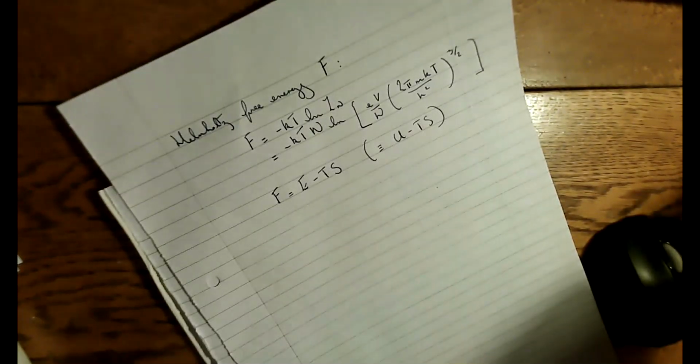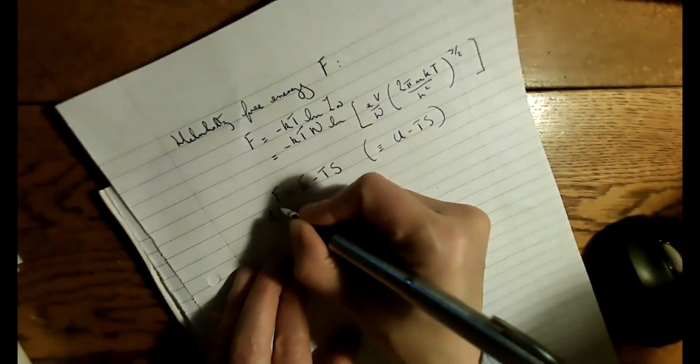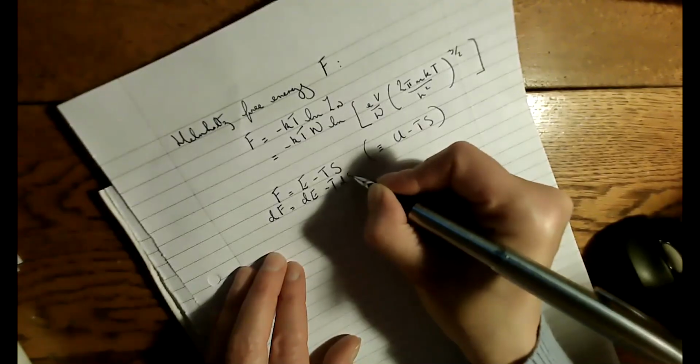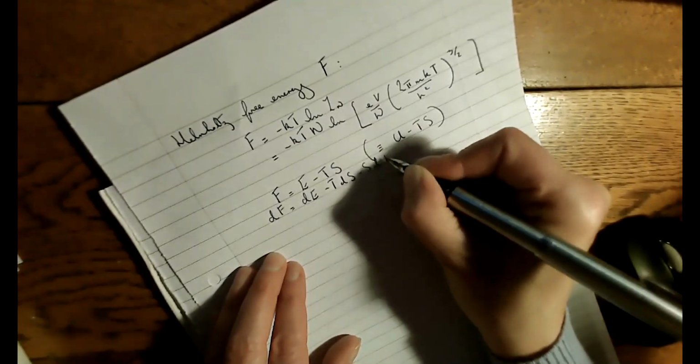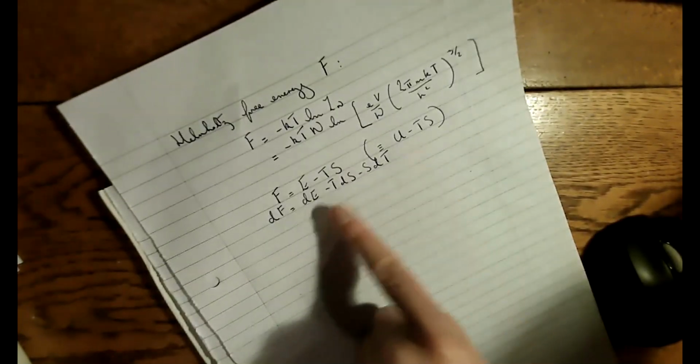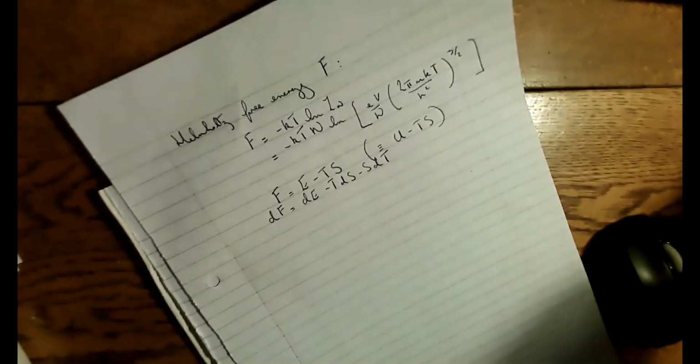And we're going to calculate its differential form. dF is dE minus T dS minus S dT. And all of this should be very familiar to you by now, so don't be confused by the U and E switch, because I'm in statistical mechanics.